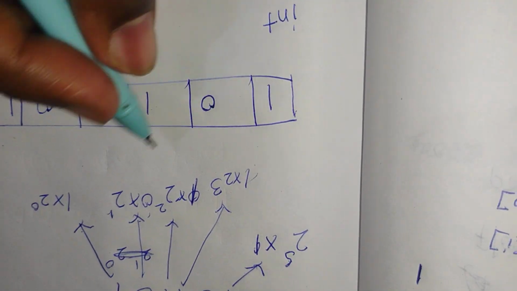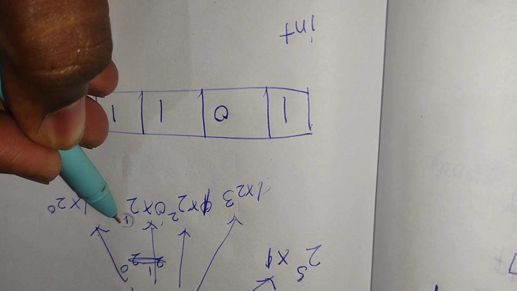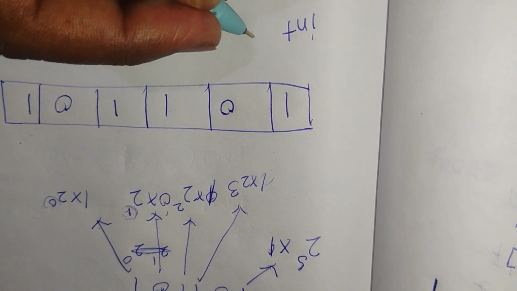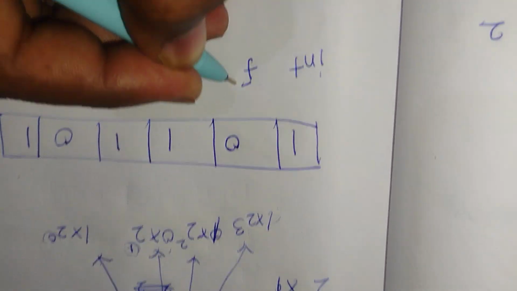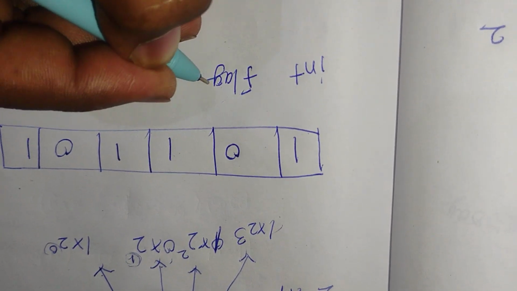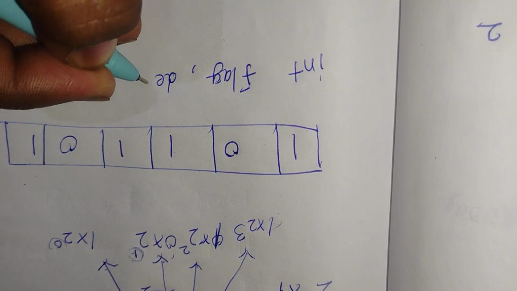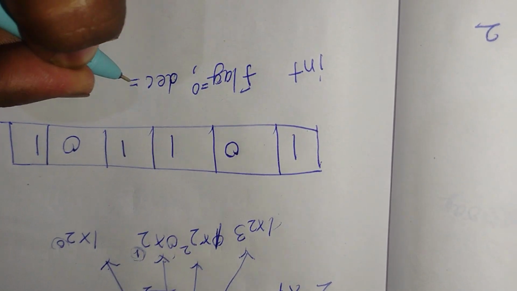One is flag, and I also declare a decimal value equal to 1. So 0 1.